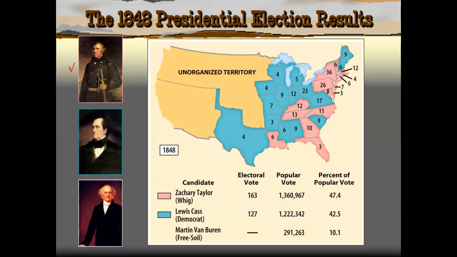Lewis Cass also will take a stand on slavery. The Democrats are going to hang their coattails on allowing slavery to expand into the new territories as long as the people want it to. Meaning, Lewis Cass is going to develop an idea called popular sovereignty.